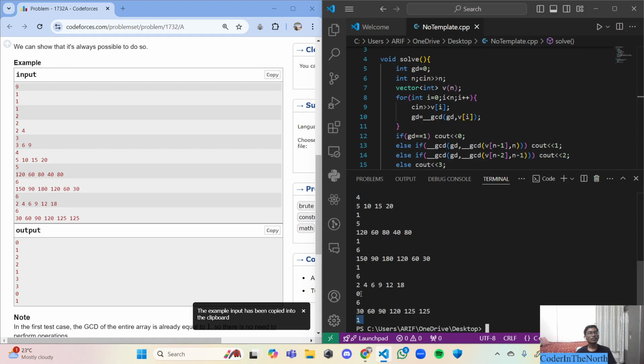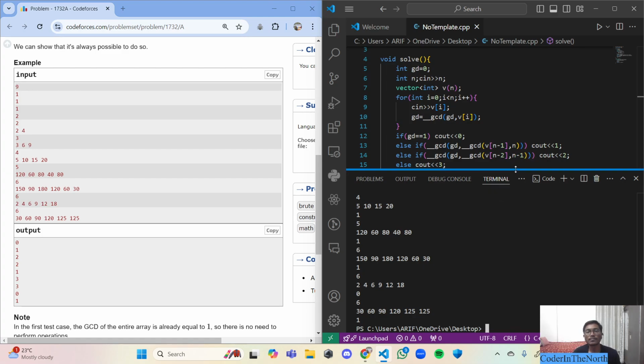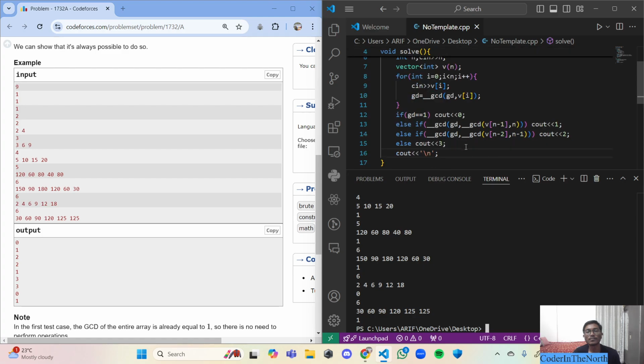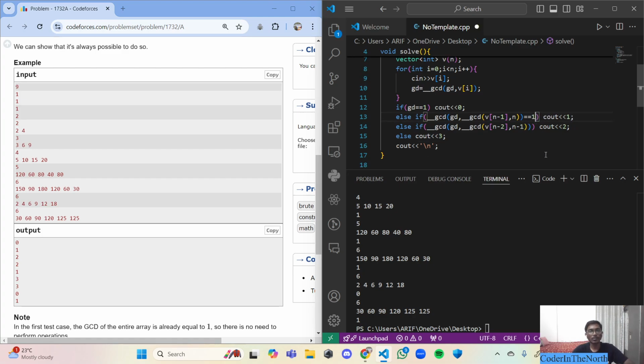Okay, why is 1 here? It should be 3. Are we getting it wrong somewhere? Okay, we have to check with 1 equal to 1.